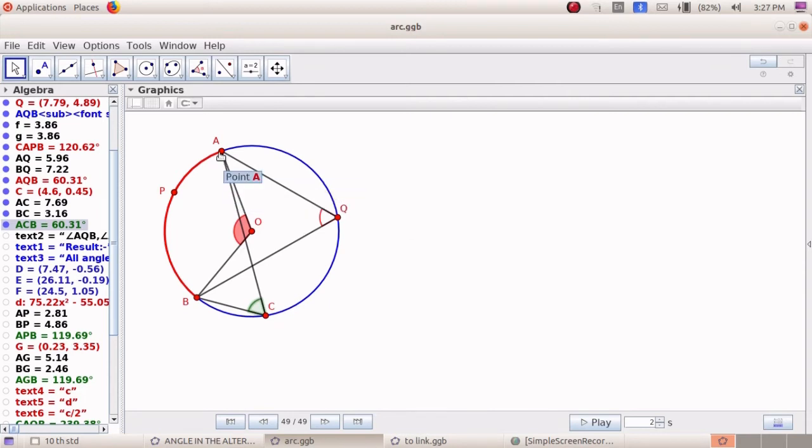If we had joined the end points of the arc APB to some other point somewhere here, then also we will get an angle. We can see that angle also will be the same as these two angles, so all those angles are equal. All those angles are in the arc AQB, so we have got a result, that is, all angles in the same arc are equal.